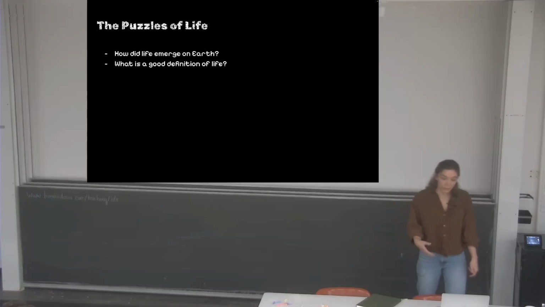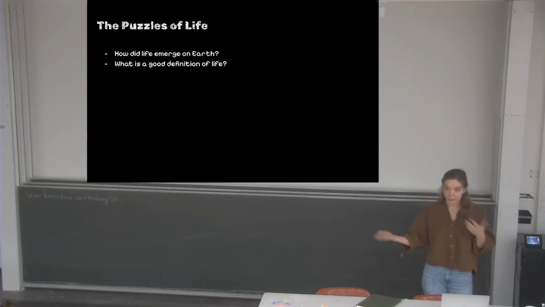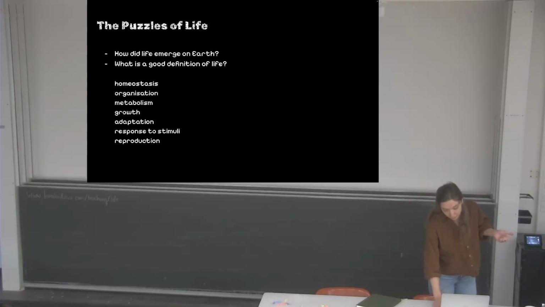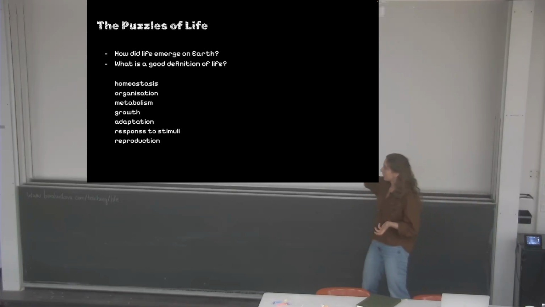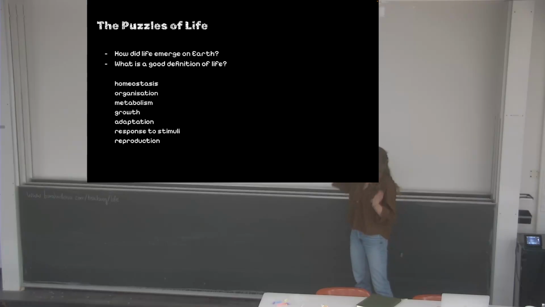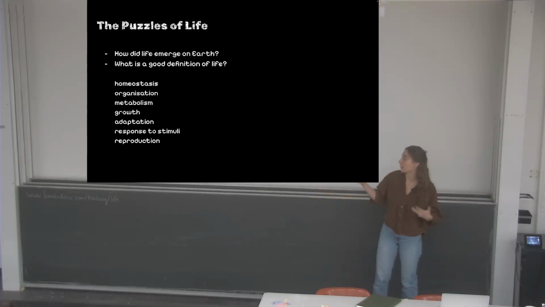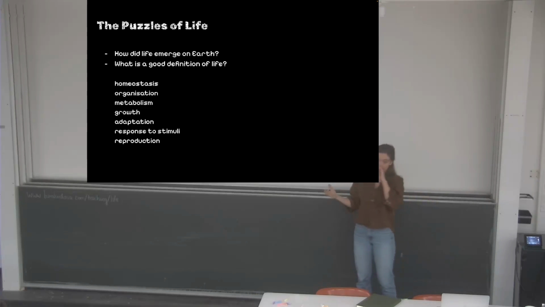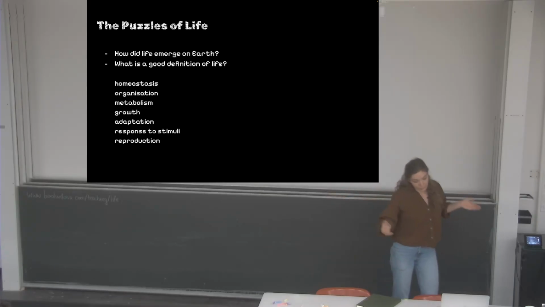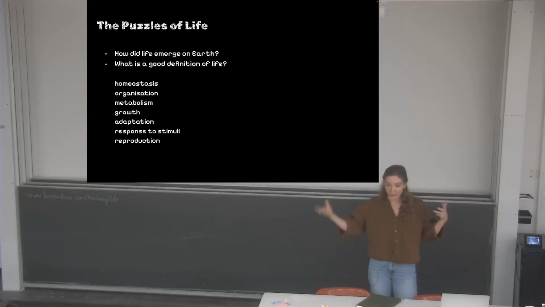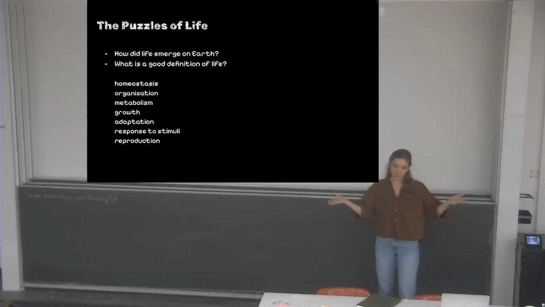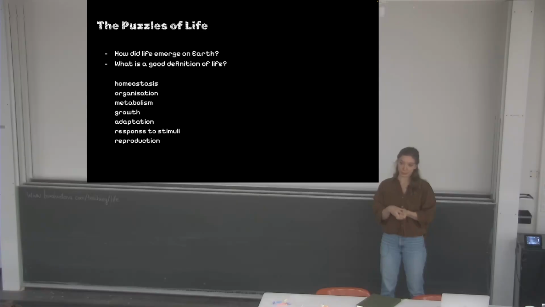If you look into a biological textbook, there is a standard definition based on a list of properties that every living organism should have. That usually entails properties like homeostasis, an organization of the organism. It should have a metabolism, it should be able to grow and adapt, respond to stimuli, and reproduce. But the problem is that all the living creatures that we are aware of came from the same common ancestor.